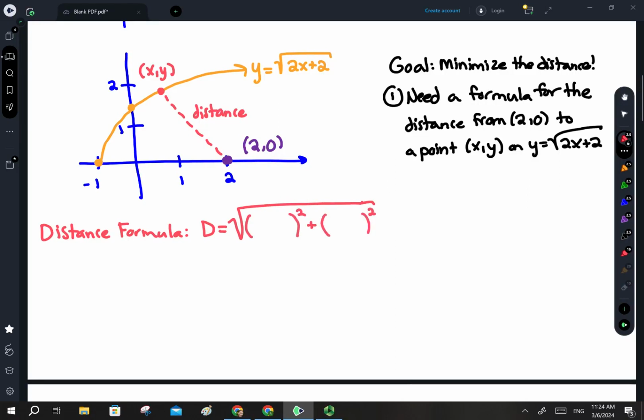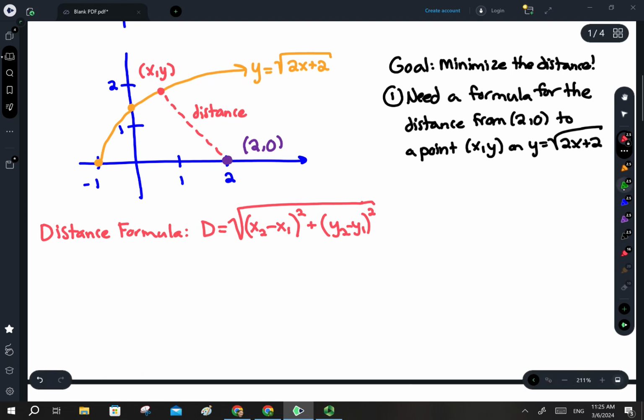The distance formula says that the distance between 2 points (x1, y1) and (x2, y2) is equal to the square root of the sum of the squares of the difference between the x values and the difference between the y values.